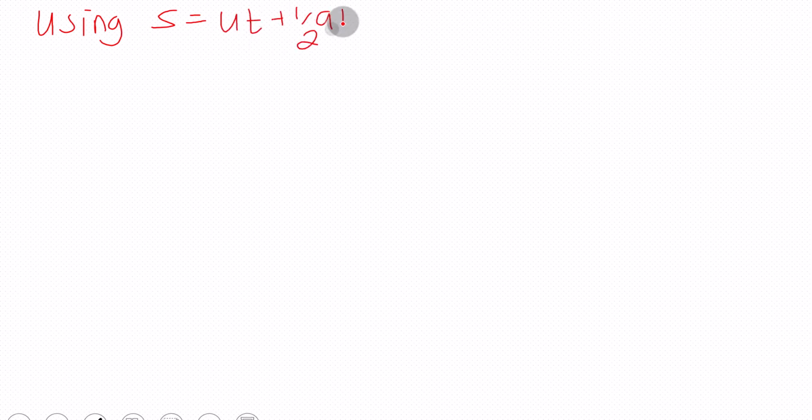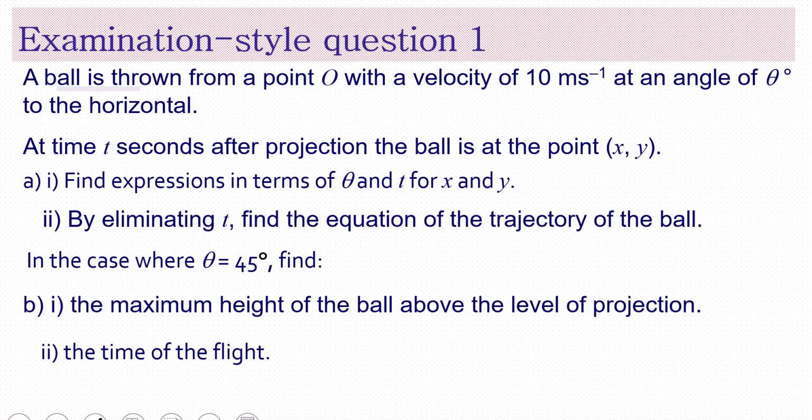For this horizontal displacement, we are going to consider motion in the x direction, and I'm going to use the second equation of motion, s equals ut plus a half at squared, with s equal to x.